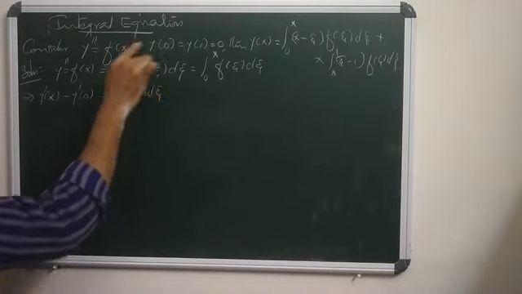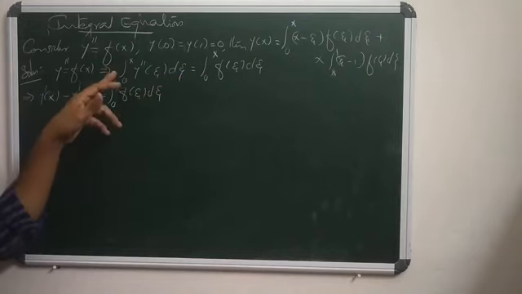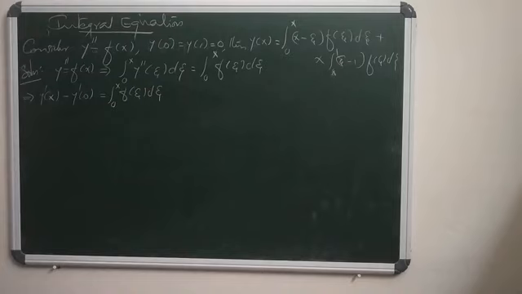Okay. If you integrate this y2 dash theta with respect to theta, then it is y dash x minus y dash naught equals integral 0 to x f of theta d theta. You can again integrate this with respect to theta from 0 to x. So what do you get?